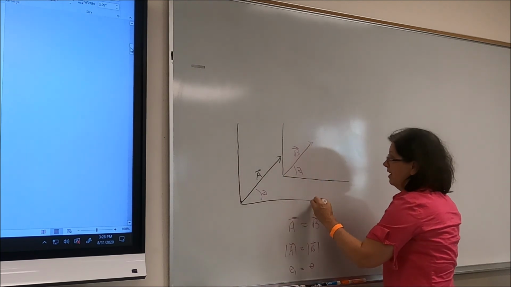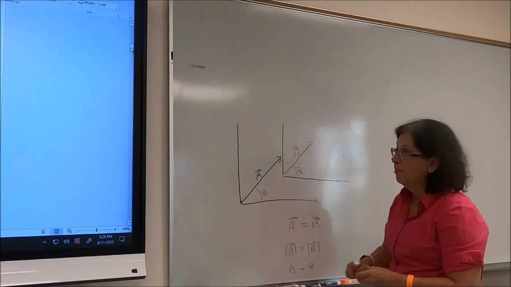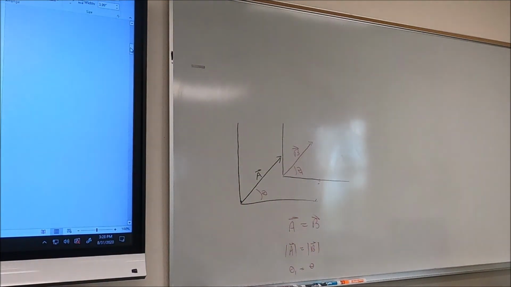These 2 x-axes, these 2 y-axes are parallel. So when we say that 2 vectors are equal, that's what we're talking about.